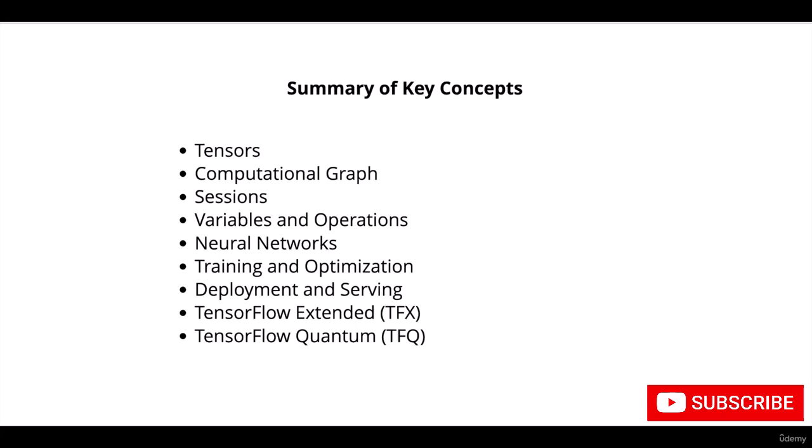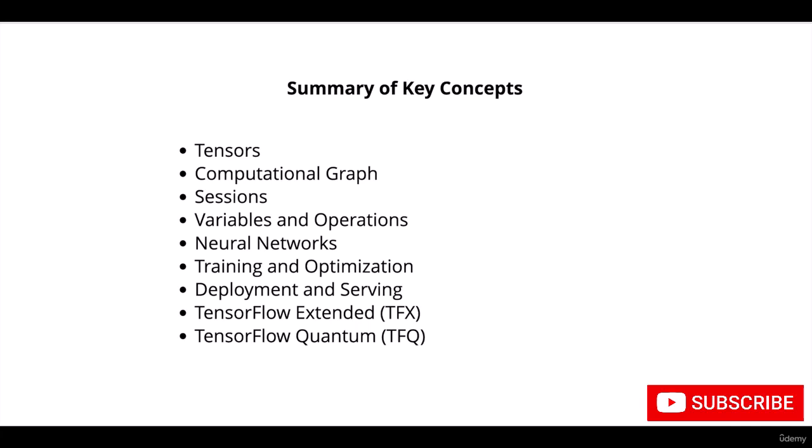The next concept was computational graph. TensorFlow uses a computational graph to represent mathematical operations as nodes and data flow as edges. Nodes in the graph represent operations such as addition, multiplication, and neural network layers. Edges represent the flow of tensors between operations, including the input-output relationships. The next concept, sessions.